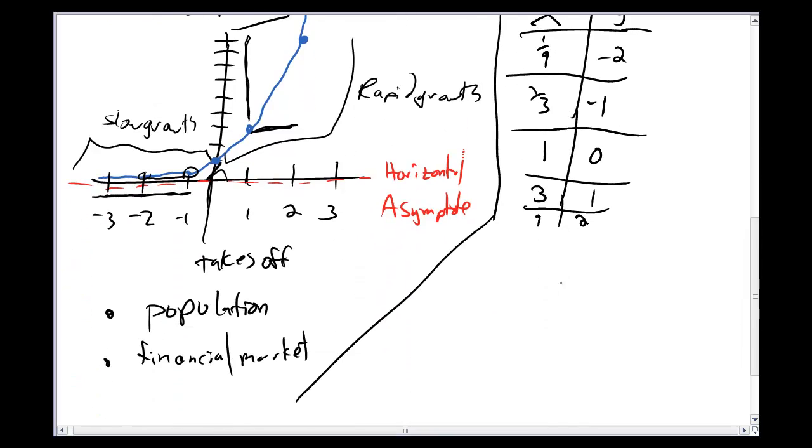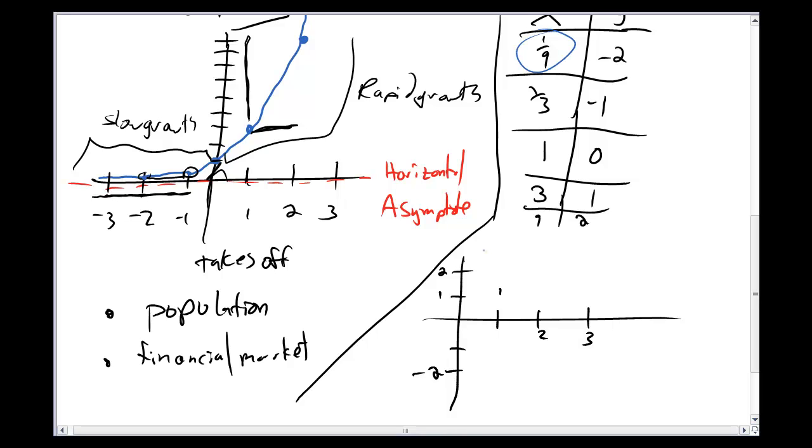So now I can graph these. And as I'm graphing them, I'm going to get this sort of shape. Let's plot my points that I'm dealing with here.